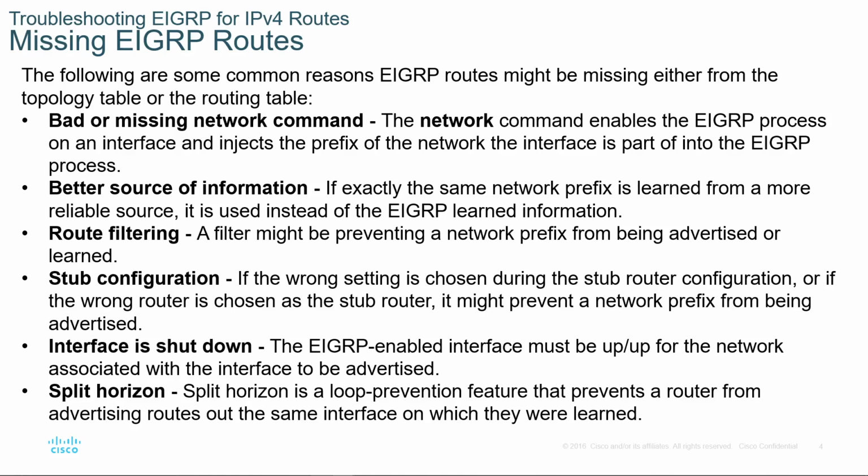So if an interface is shut down for whatever reason, that interface is no longer advertised as an active interface, so the route becomes invalid. And then we've got the lovely loop prevention split horizon. So if you cast your mind back, we don't send advertisements out the same physical interface that the updates were received on.